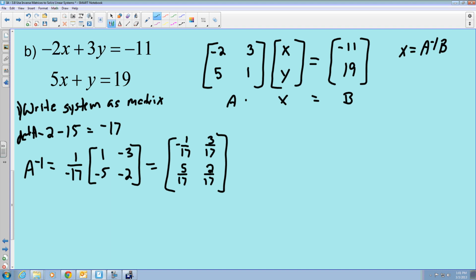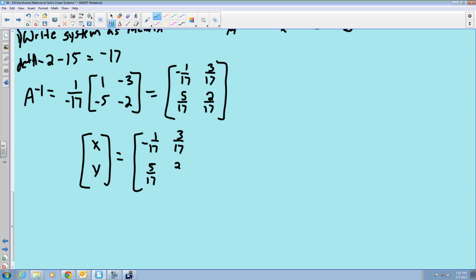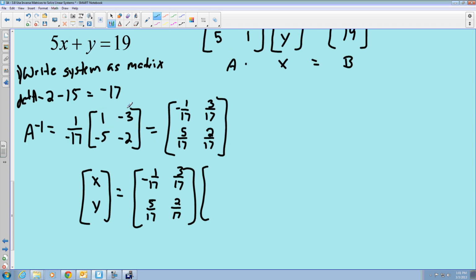Now I can take this value and put this down here. I can say x and y will equal the inverse of A, which is -1/17, 3/17, 5/17, and 2/17. The product would then equal -11 and 19.